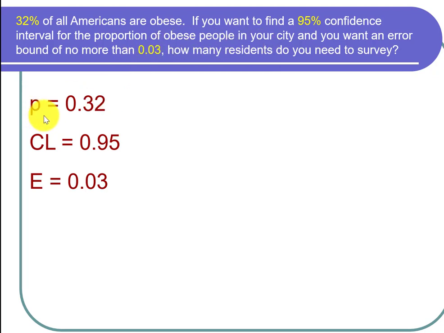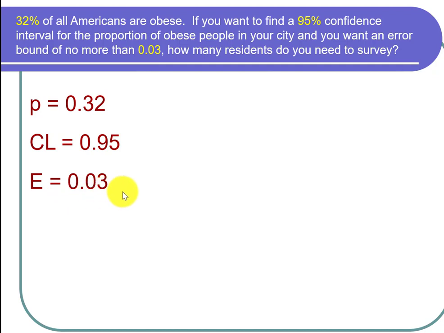So P is equal to 0.32. We want a 95% confidence interval, so our confidence level, or CL, is equal to 0.95. And we want an error bound of no more than 0.03. So E for error bound is equal to 0.03.